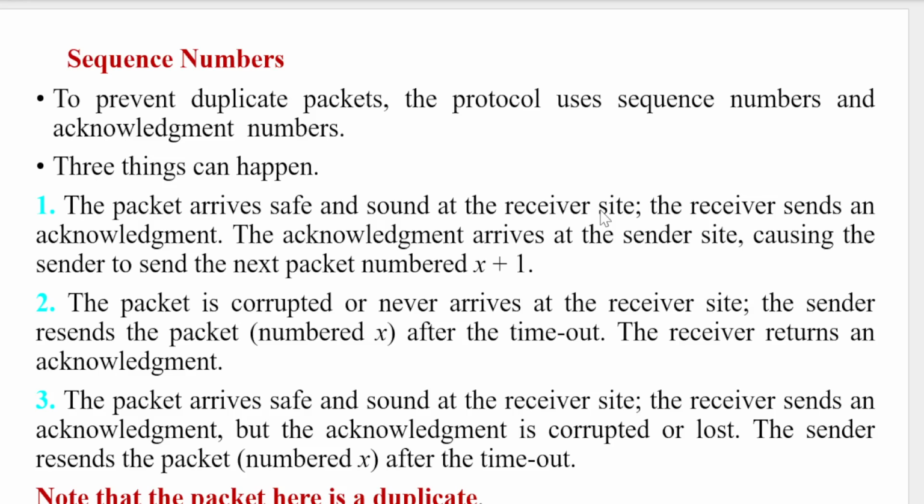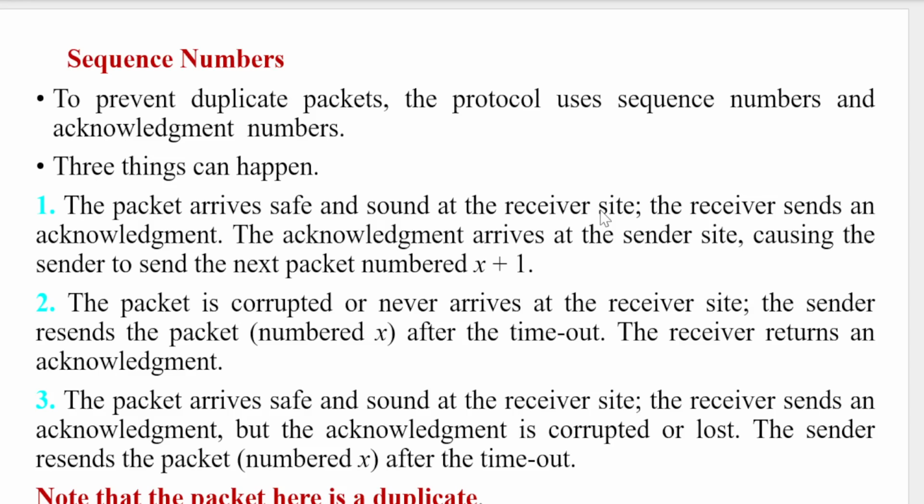The second scenario is that the packet is corrupted, missed, or never reached the receiver. The receiver didn't get any information, so it will not give any acknowledgement, and the timer will run out. When the timer is out and the sender didn't get the acknowledgement, the sender will resend the same data.